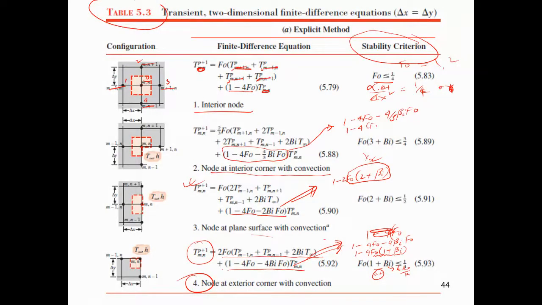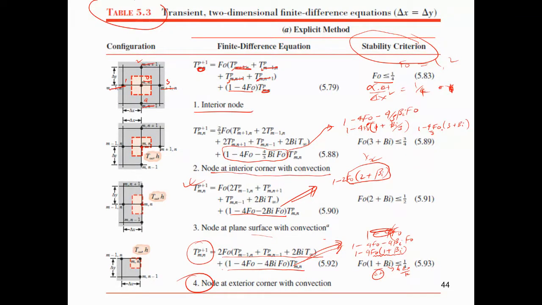So 1 minus 4 F0 (1 plus beta I by 3). This means 1 minus 4 F0 times (3 plus beta I) by 3.